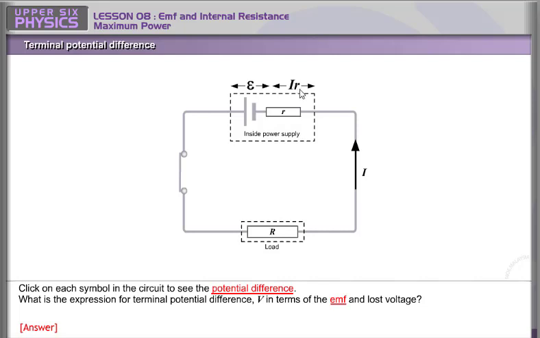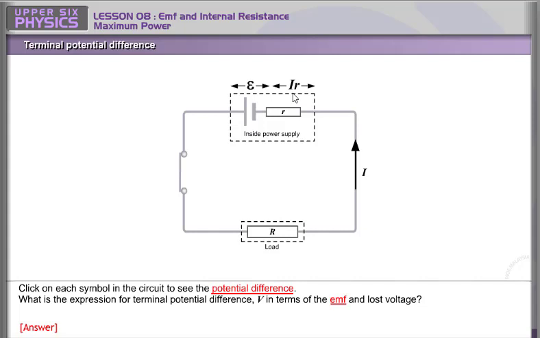Ir is the potential that it has to overcome. So what is the voltage that is actually coming out from the cell? It is epsilon minus Ir. Are you following me?